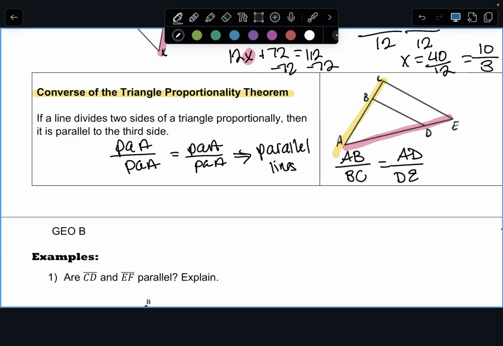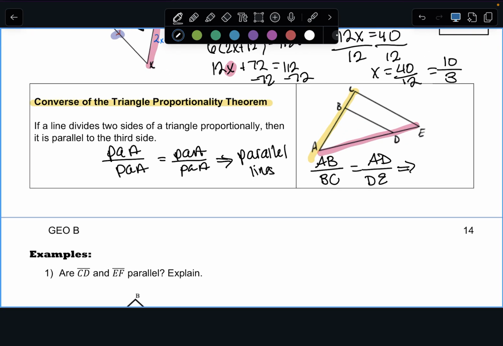So if part over part is equal to part over part, then my lines are parallel. So then BD is parallel to CE. And again, it's the lines or the segments that connect those other two sides of your triangle where you have your parts. So it's the lines in between your parts.